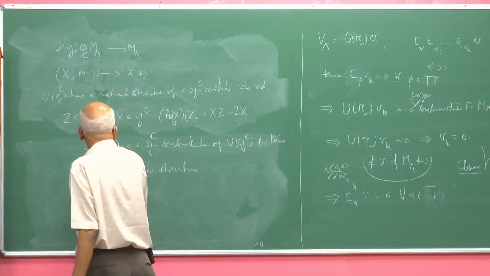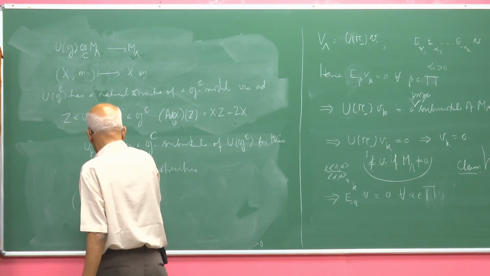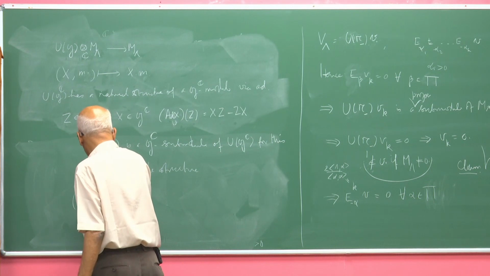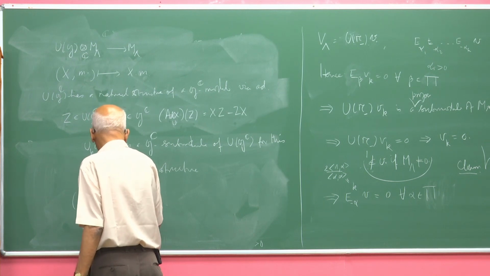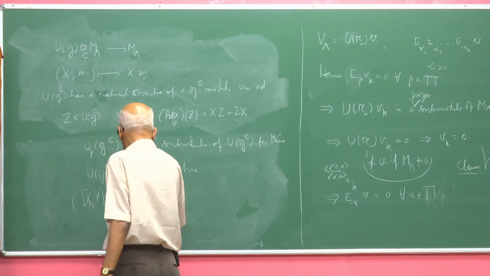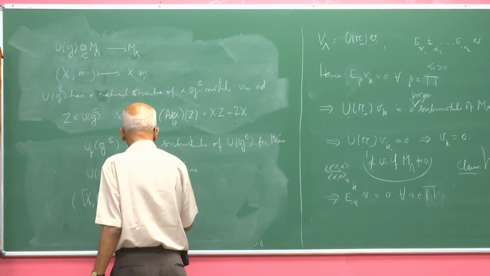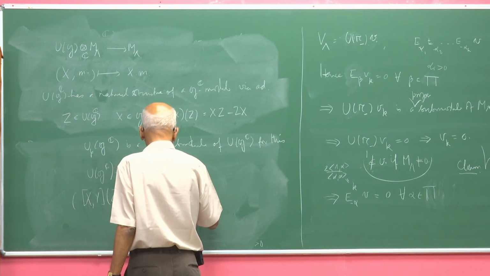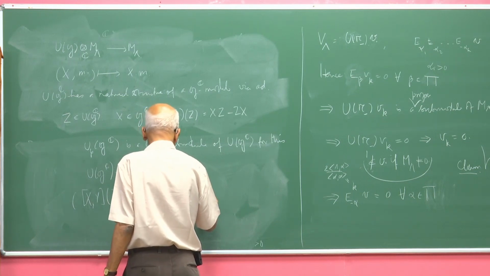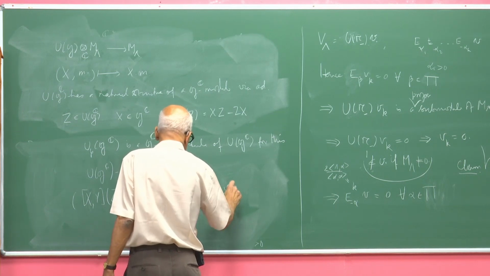So if z, so what do I get? Bracket xy on z is xy z minus z xy.